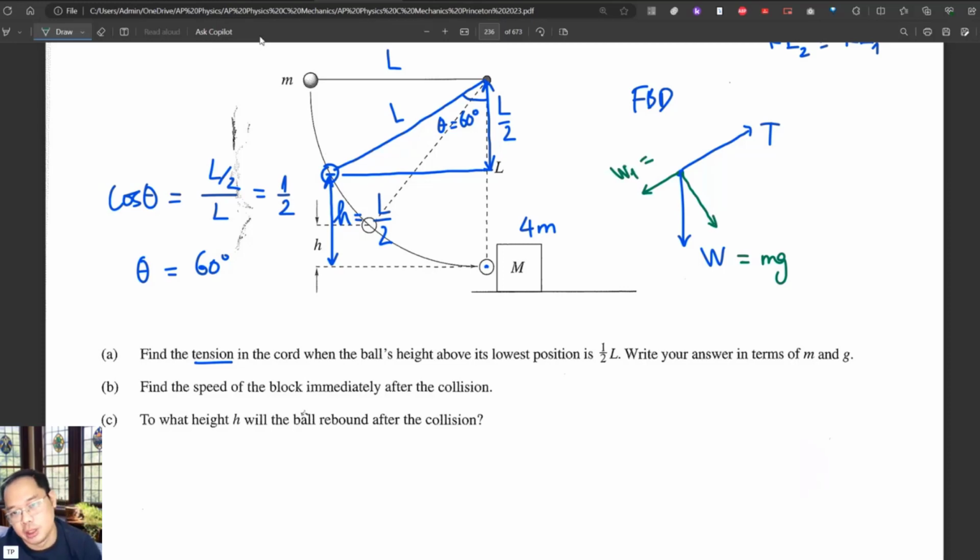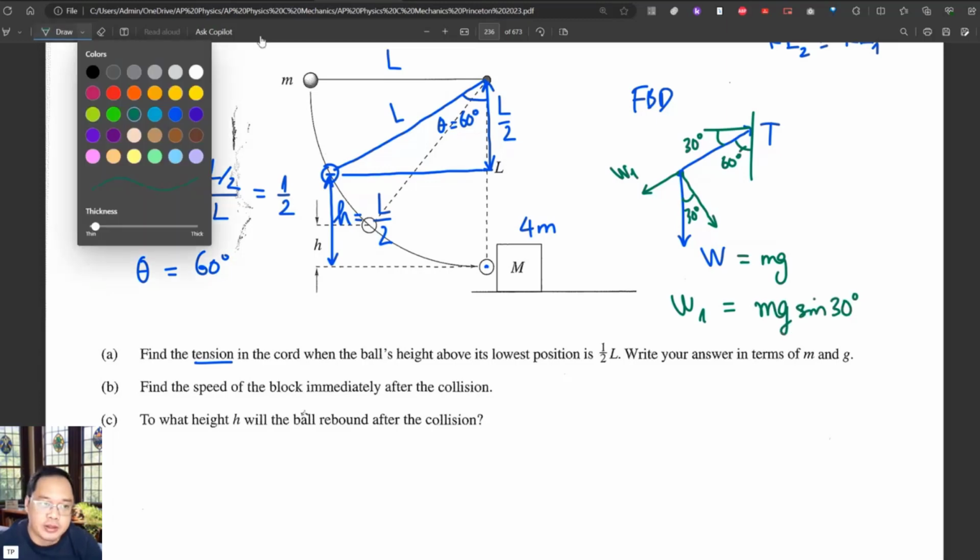This component's angle is equal to this angle, which is 30 degrees, because this angle here is 60 degrees. So W1 is equal to mg times sine of 30 degrees.